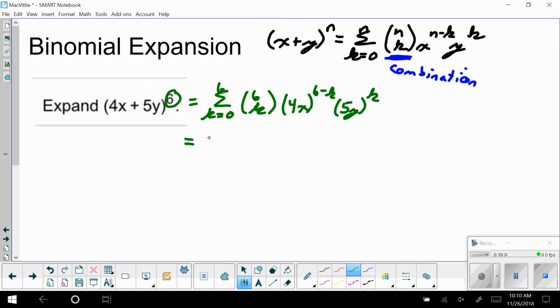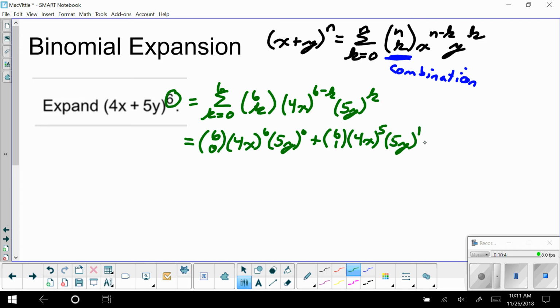Which then, if k is 0, I'd have 6 choose 0, 4x to 6, 5y to the 0. And then I have plus because it's a series. When k is 1, 6 choose 1, 4x to the 5th, 5y to the 1st.